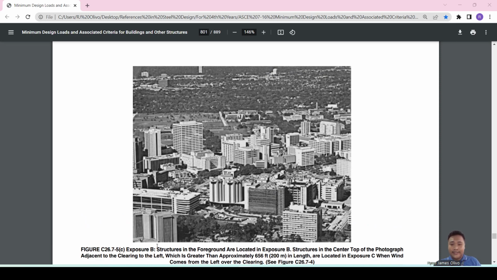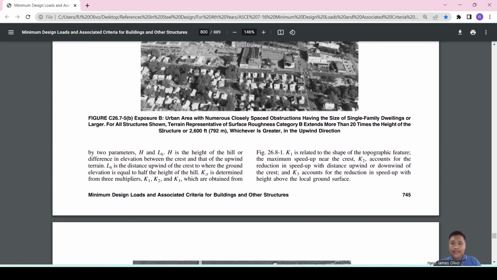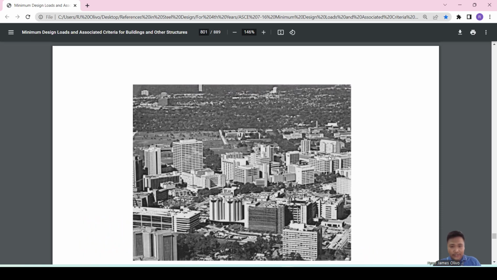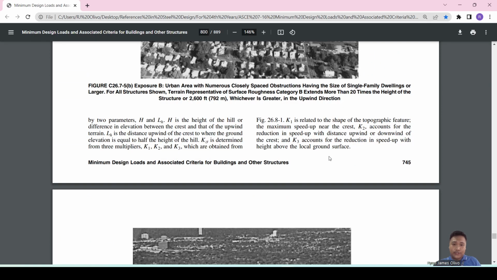Consider exposure B. Here, exposure B2, near the urban areas. If there are many obstructions, consider exposure B.